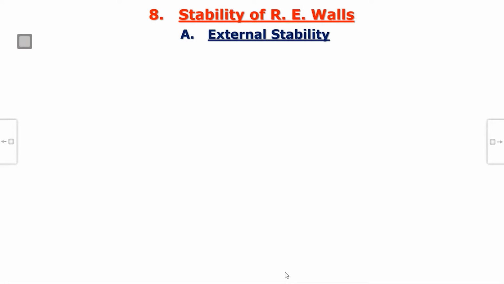So when we talk about stability of RE walls, basically we talk about two types of stability.